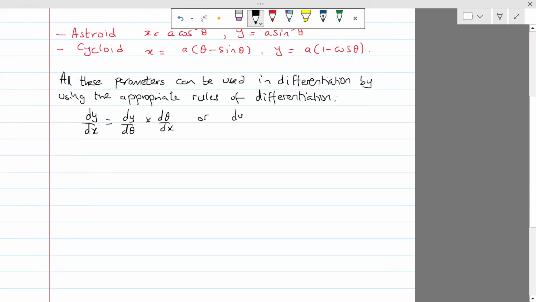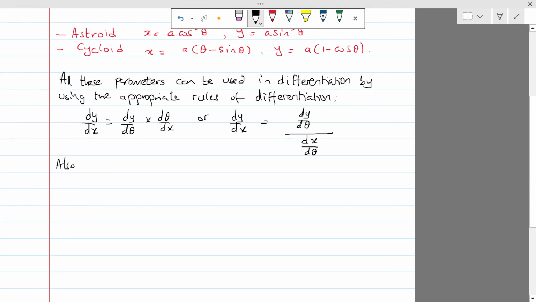Or I can write it as dy by dx equals dy over d theta divided by dx over d theta, because I have x in terms of theta, y in terms of theta.